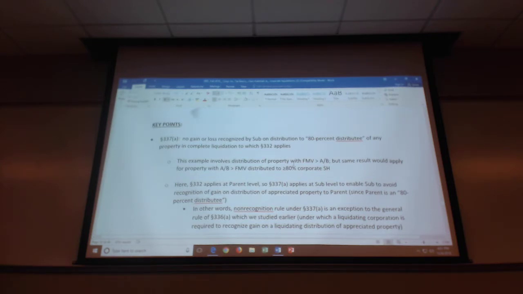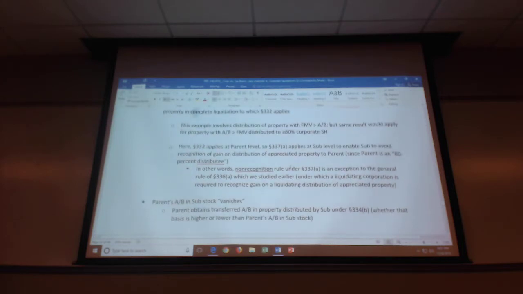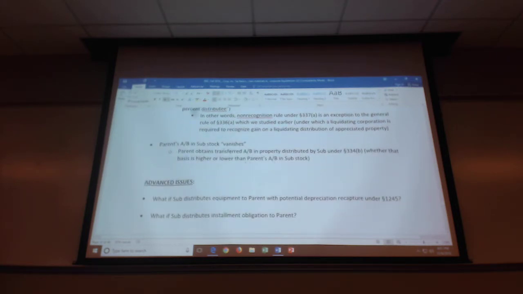It's actually a bad outcome. It means that the loss is not recognized to the same extent that gain is not recognized. And we already mentioned the fact that the parent's basis in its stock effectively vanishes. It inherits the basis of the assets that are distributed in this liquidation.